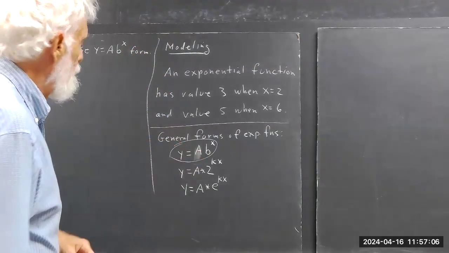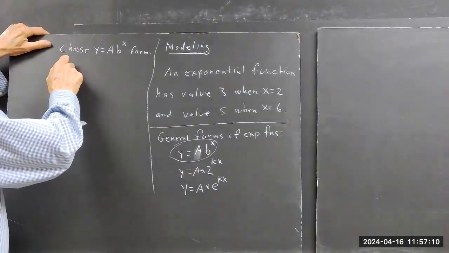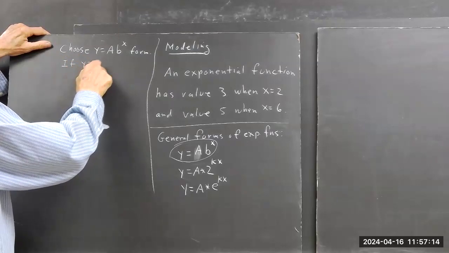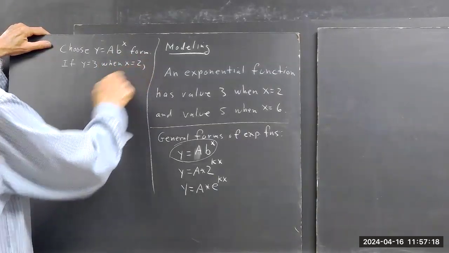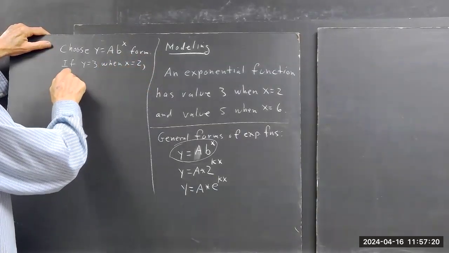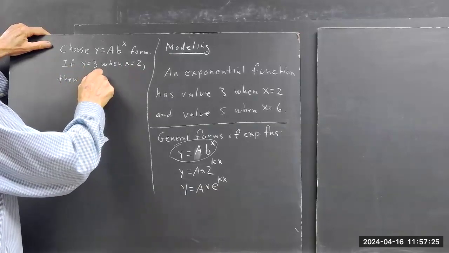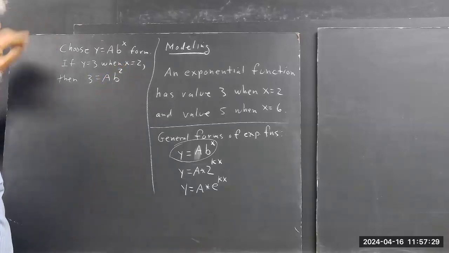I'm going to start with the a b to the x form. If y equals 3 when x equals 2, then 3 equals a times b to the second power.